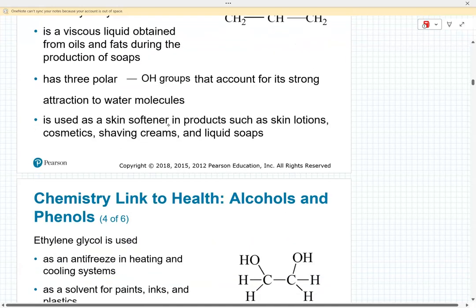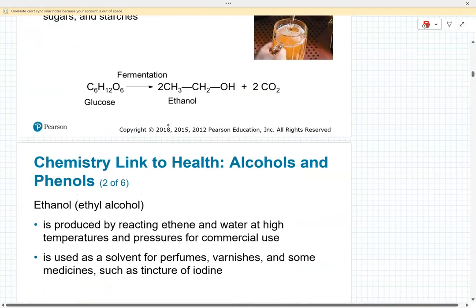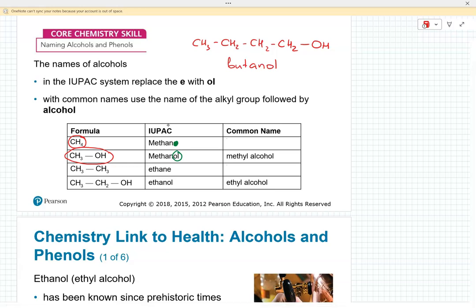Now, before we get there, one thing. So you already named butanol for me, right? We've already discussed ethanol. You can imagine that there's a propanol, okay? And here's the thing.